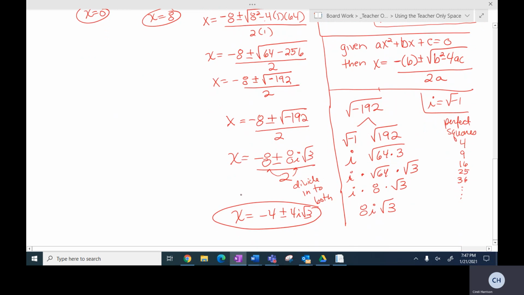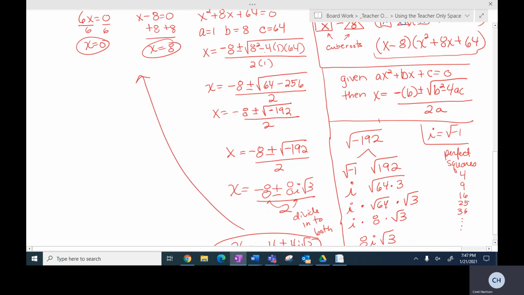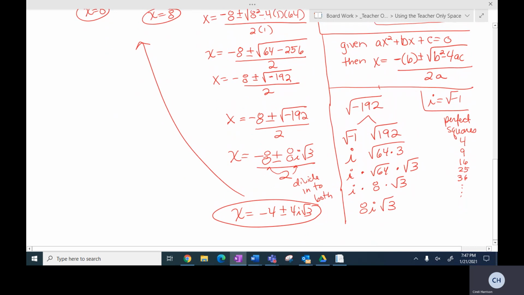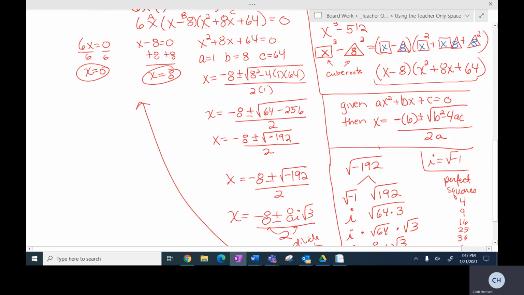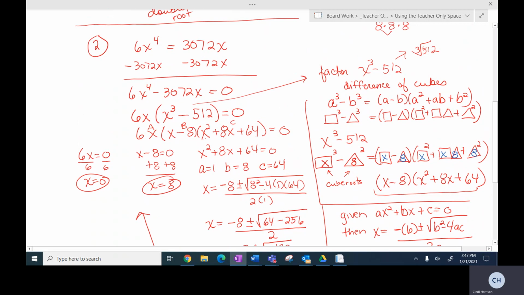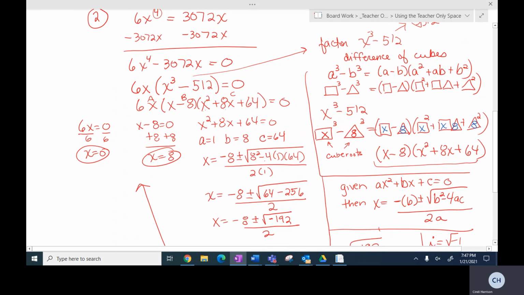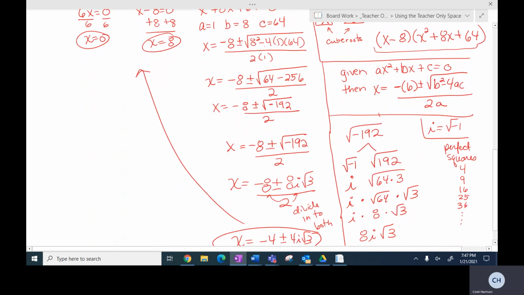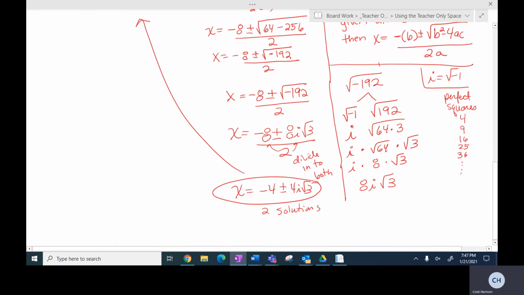So we'll just throw those in with the other 2, and those are our solutions. And notice we do have 4 because this is 2 solutions. And those are 2. And so from our equation with the degree of 4, we expected 4 solutions.